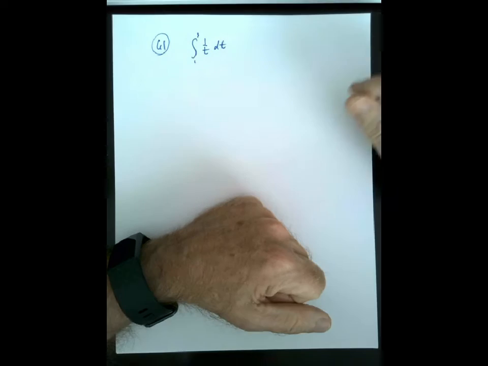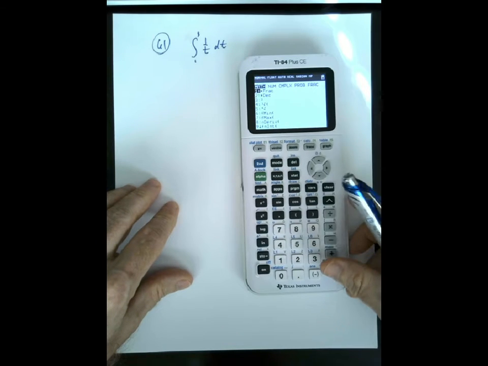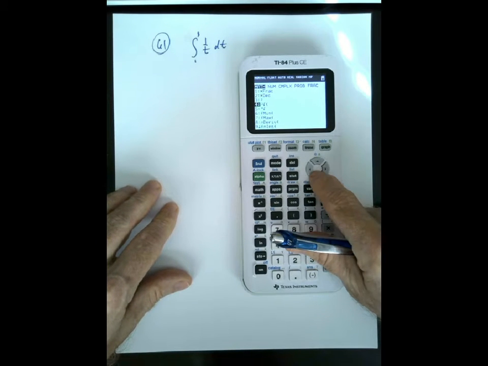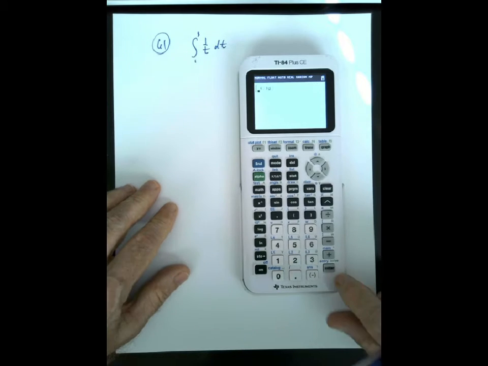Now previously, we would have done this on our calculator, right? So I'm going to go ahead, get out my calculator, math, doing it right here. And we're just typing it in like we do here.